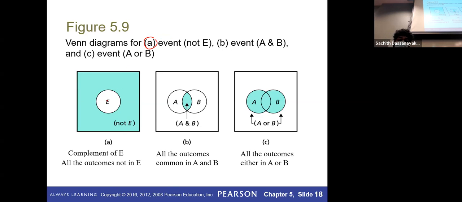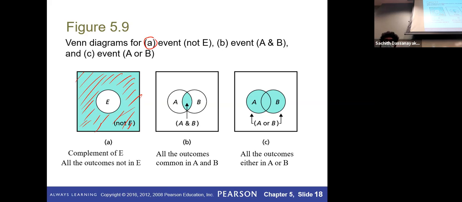This circle is your event E, but you need not E, the complement, which means this area. You need whatever samples or observations are in this area. That's why they color this. Normally we color the area based on what they ask.